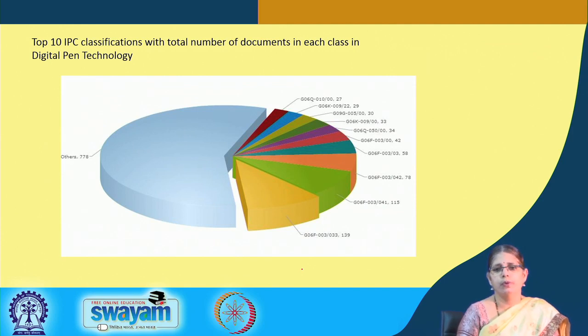From the point of view of technology classification, one can understand which are the top international patent classification codes that this patent data represents.